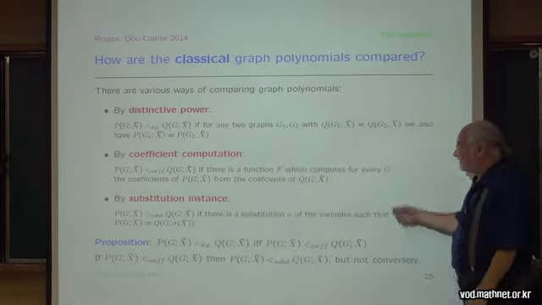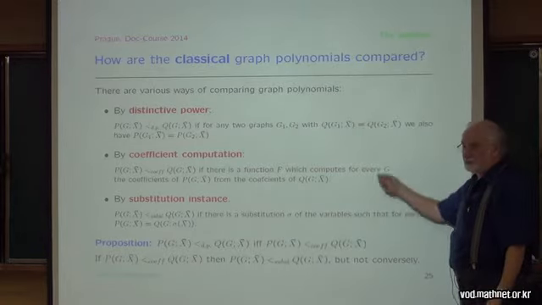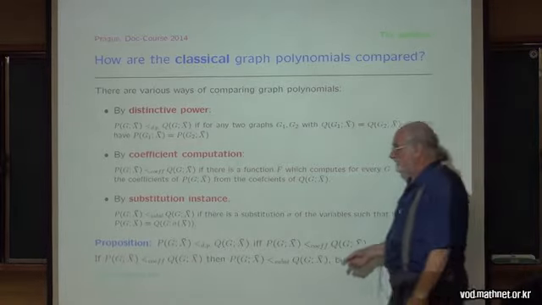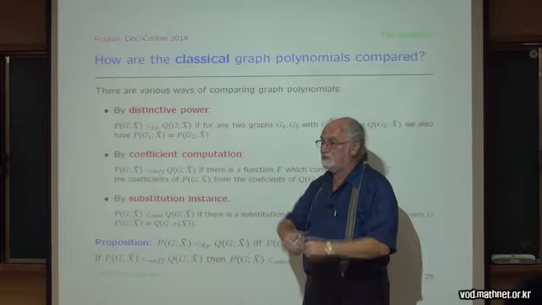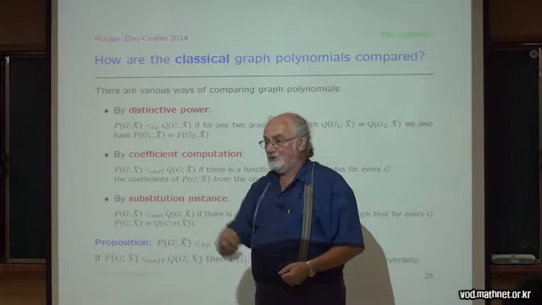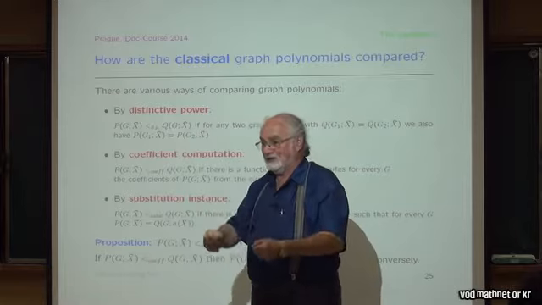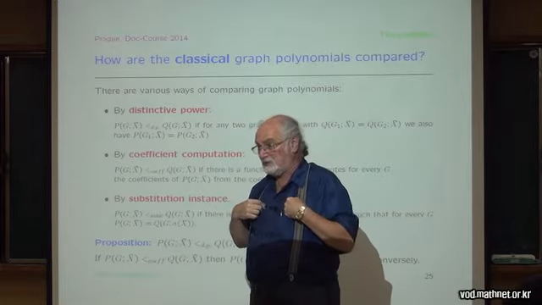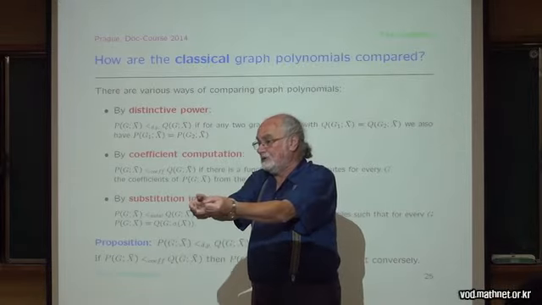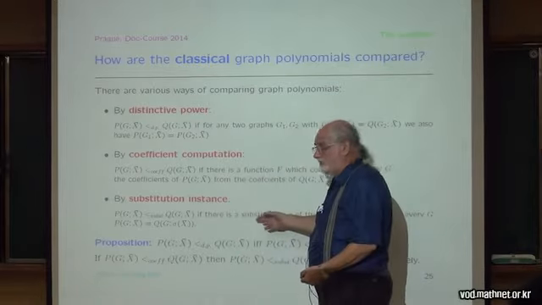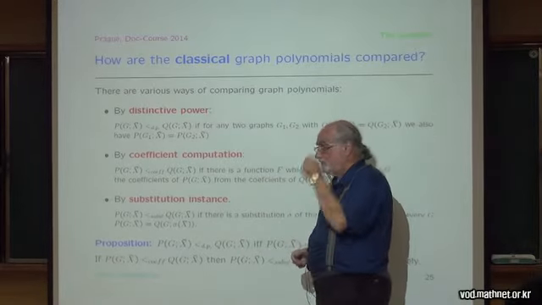And a stronger version of this, where you can compute the coefficients, obviously, is by substitution. You say, I have a polynomial with 3 variables, you have a polynomial with 2 variables, but if I substitute like this, then I can actually produce from my polynomial your polynomial. So this is a very special case of this.